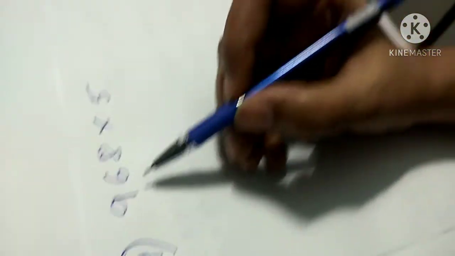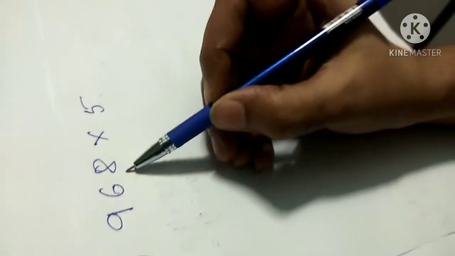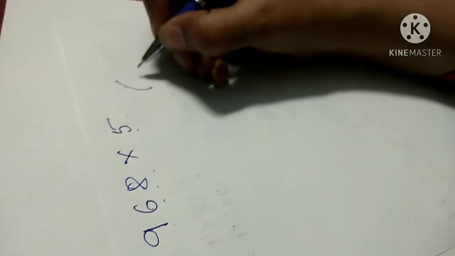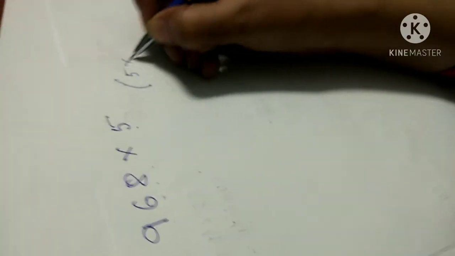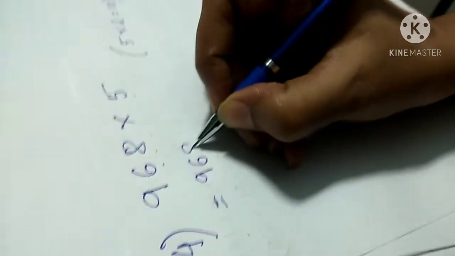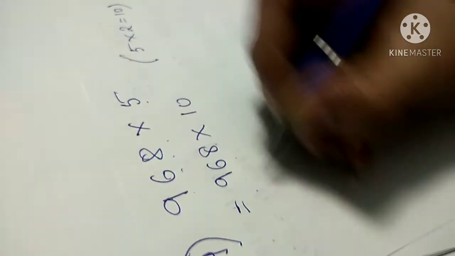Okay. So now if you look at this example, this particular 3-digit number 968, it is being multiplied by 5. Now as we know, 5 multiplied by 2 gives us 10. So here what I should do, first I should multiply the number by 10. 968 ones are 968, and then 0 comes down.